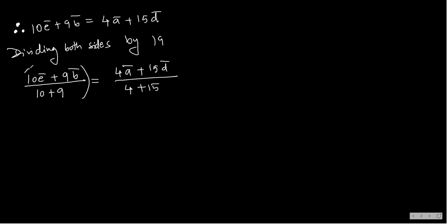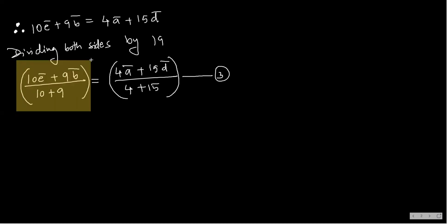What I do now is, see, I notice, look at this equation. I write it as 3. From equation 3, I understand the left-hand side of equation 3. Check the left-hand side of equation 3. What is it? Observe this minutely. What is it?